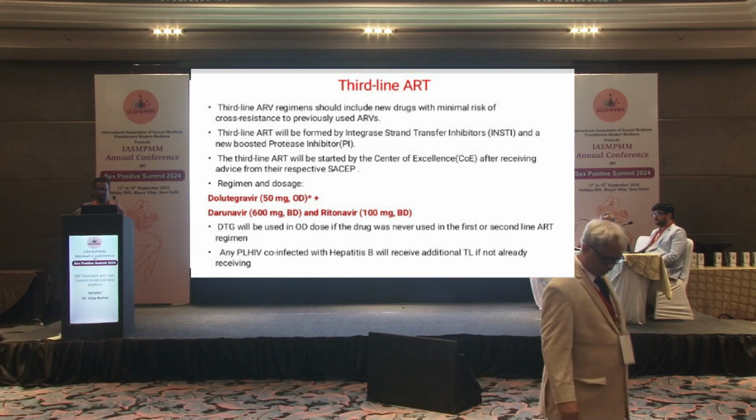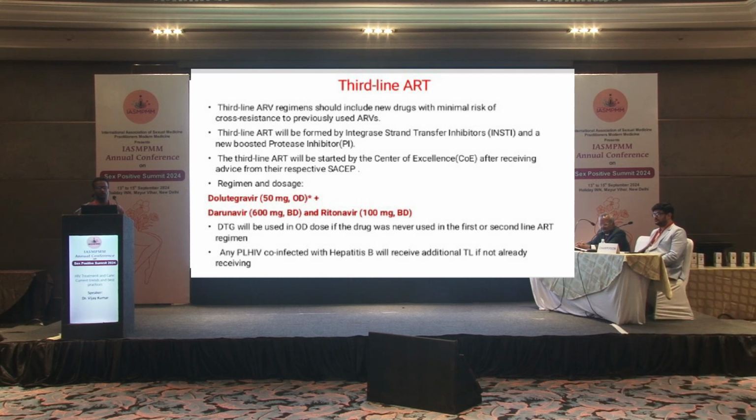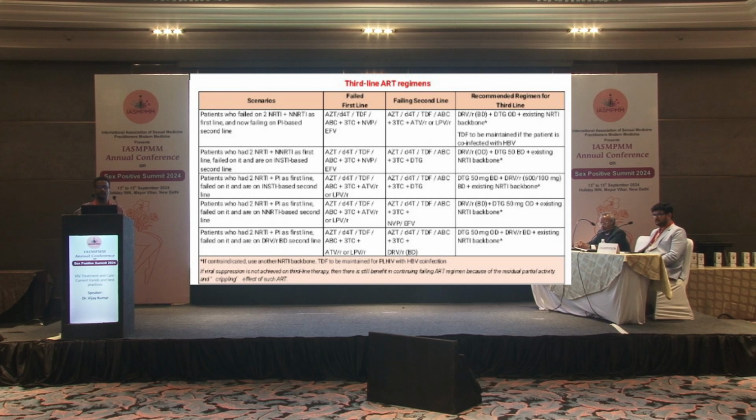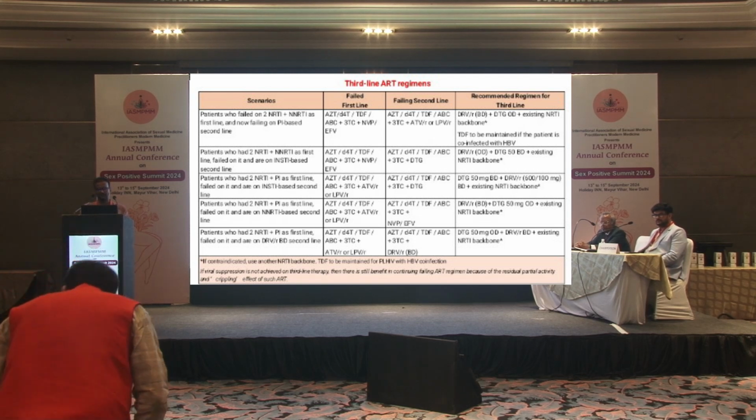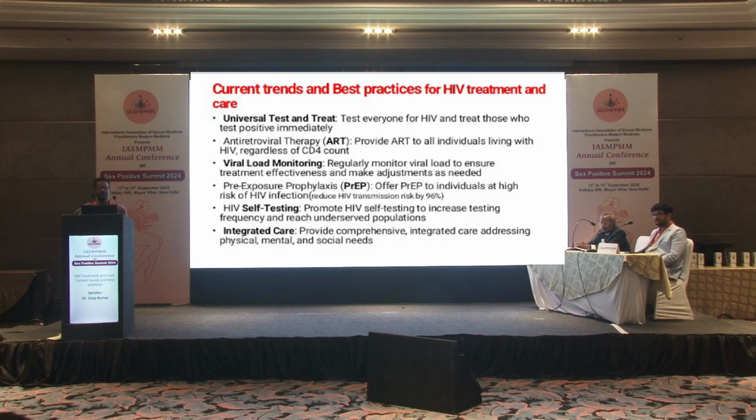So third line usually we put dolutegravir 50 mg OD plus darunavir 600 mg BD and ritonavir 100 mg BD, the usual combination. There may be many scenarios depicted in this flow chart: what are the different scenarios, and what different drugs can be introduced.